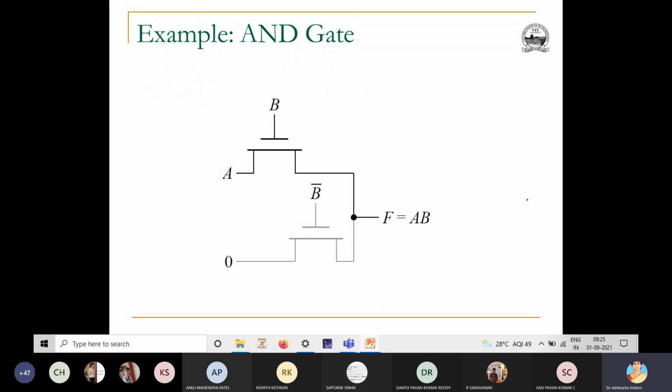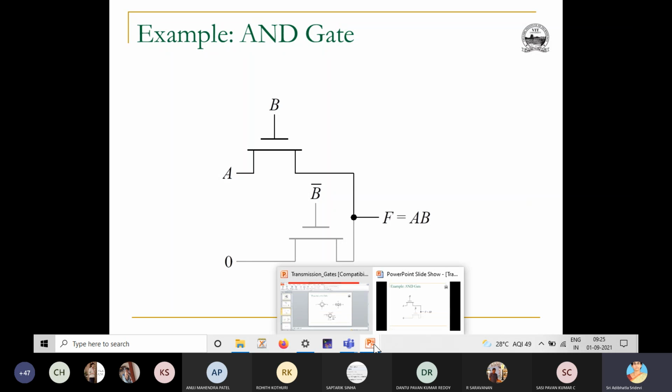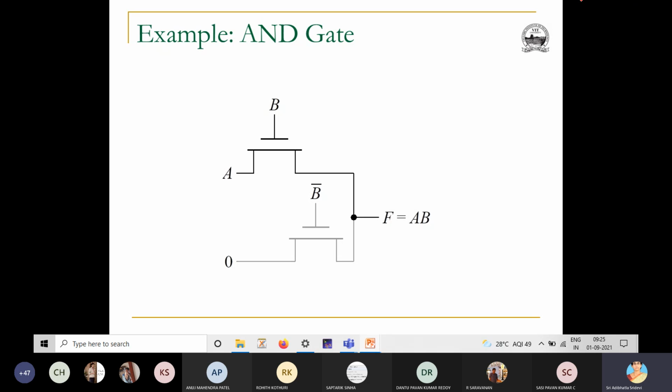So we have to think about sequential logic circuits also. But before going to sequential logic circuits, I just want to check: are you comfortable with the sizing of CMOS logic? I think I have mentioned sizing in the lab. I think in theory class I didn't touch it.